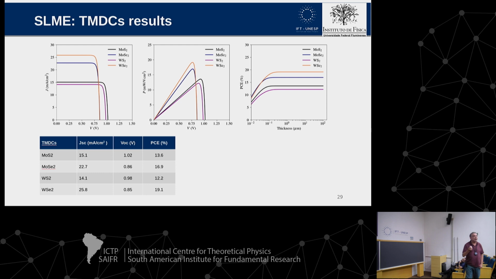So we can have, with this kind of materials, very good efficiency, especially if you look at these two here: this is tungsten diselenide, and this one is molybdenum diselenide. So especially for the diselenides, we can have a very good efficiency, if you consider how thin these systems are.